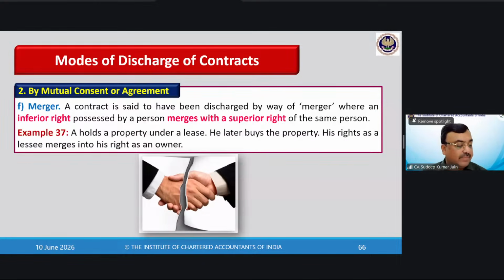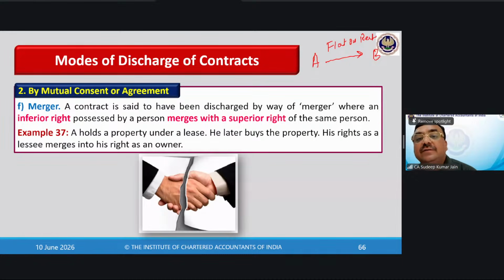Merger: merging of inferior right with superior right. Let's see an example.